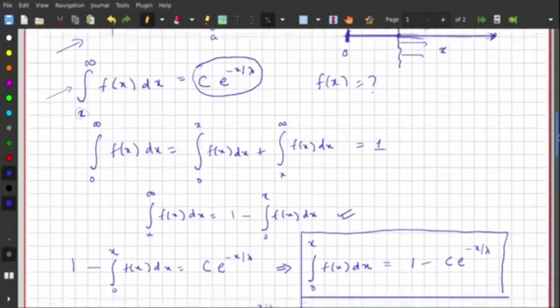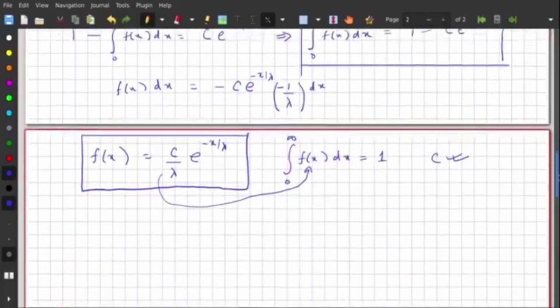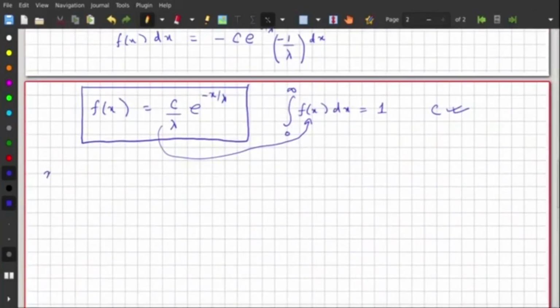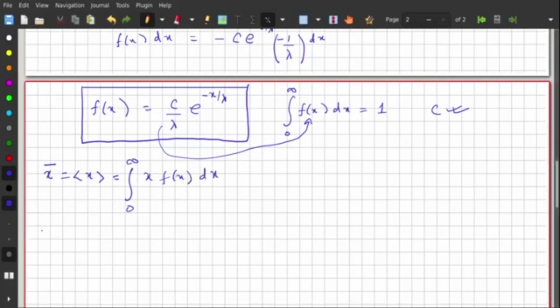Similarly, if it is asked to find the mean x bar, or the expectation value of x, that's even more straightforward, given that we now know f of x properly. It is the integral from 0 to infinity of x f of x dx. If it's asked to calculate the variance or the standard deviation, we know the variance is the mean square minus the square of the mean.